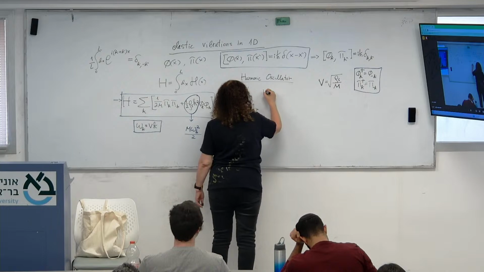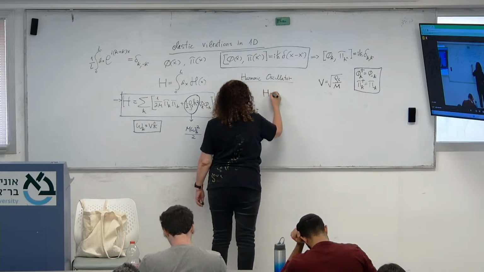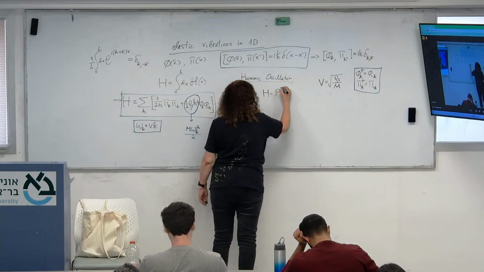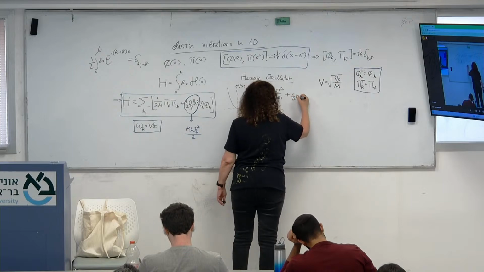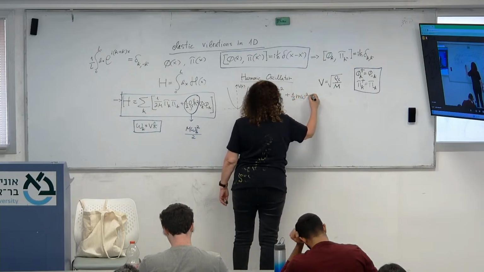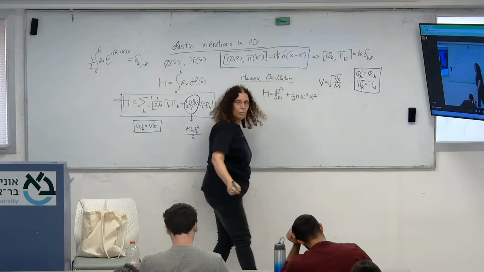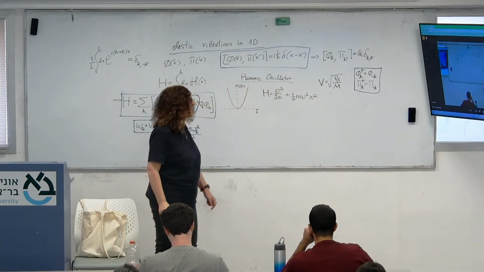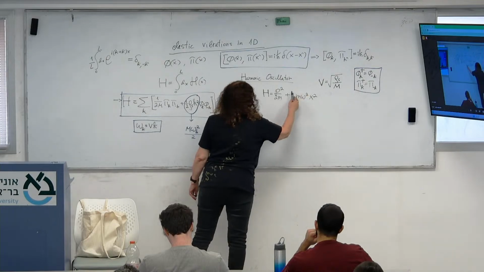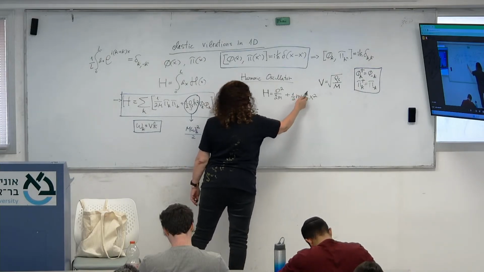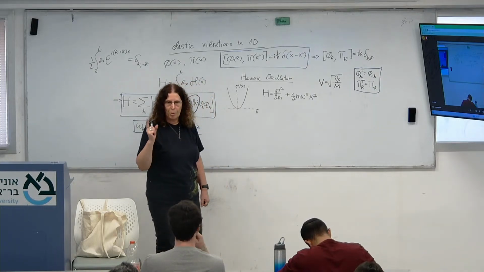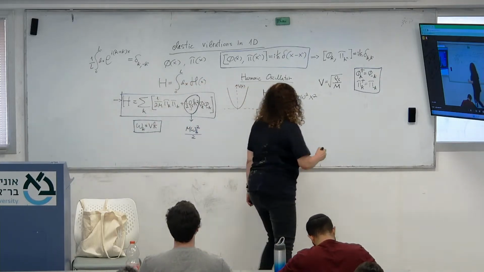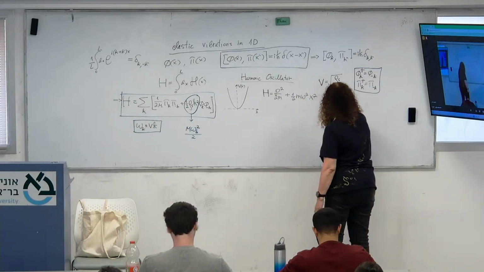And we write the Hamiltonian as p squared over 2m plus a potential, which we call k, if you like. Just a single degree of freedom, x and p.